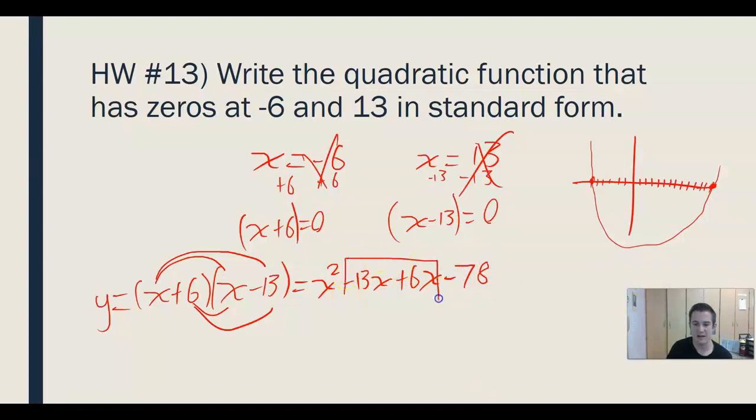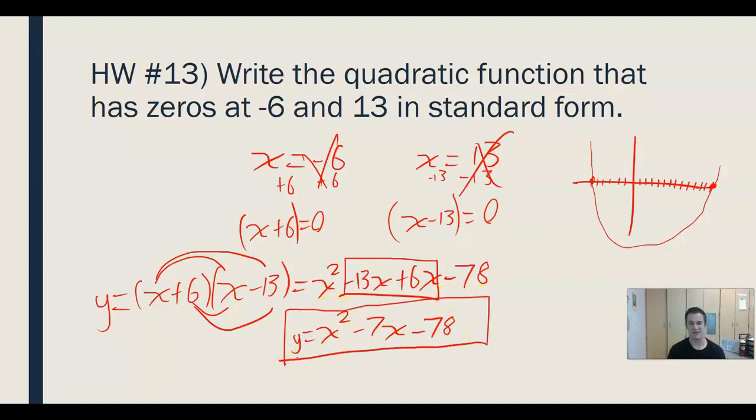Again, I can combine like terms here and get x squared minus 7x minus 78. y equals x squared minus 7x minus 78. That would be the standard form of that quadratic function that has zeros at negative 6 and 13.